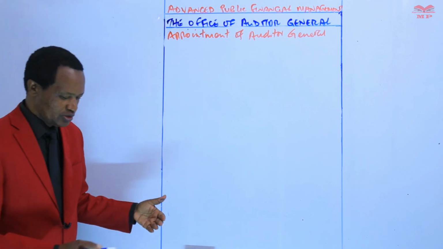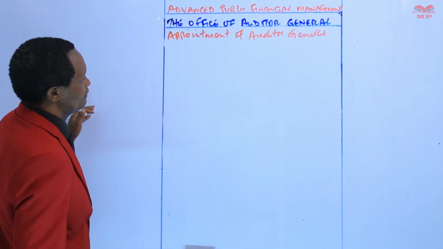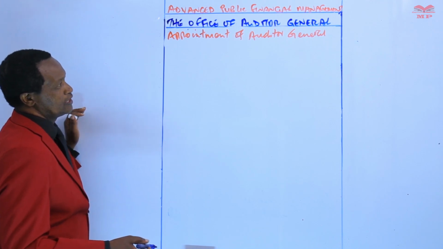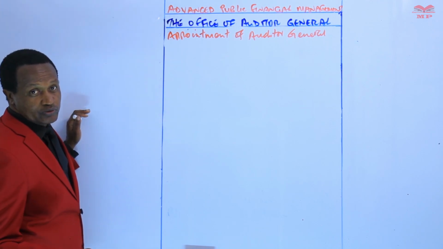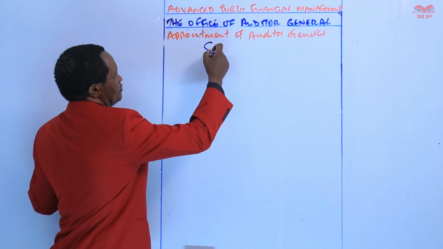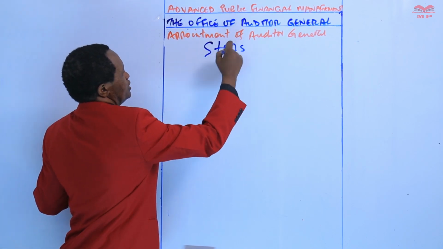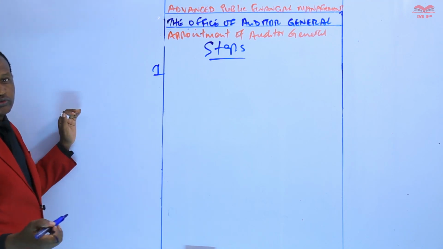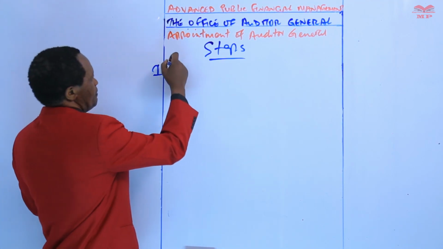In this lesson, we discuss some of the key steps in this process of appointing the Auditor General. And the first step is what we call declaration of vacancy.